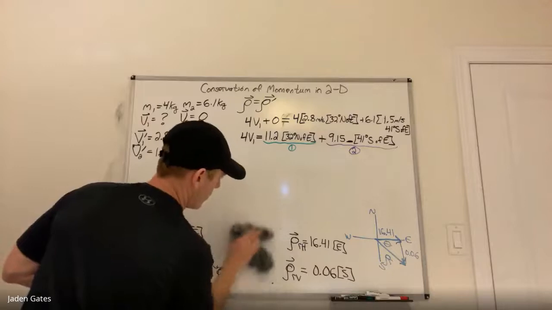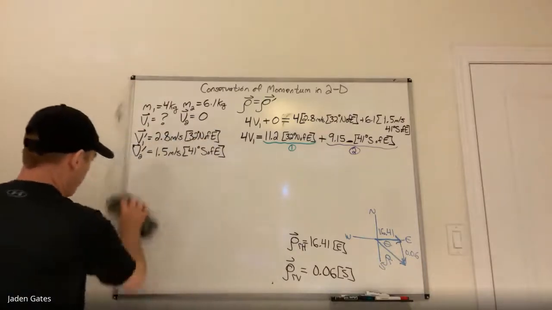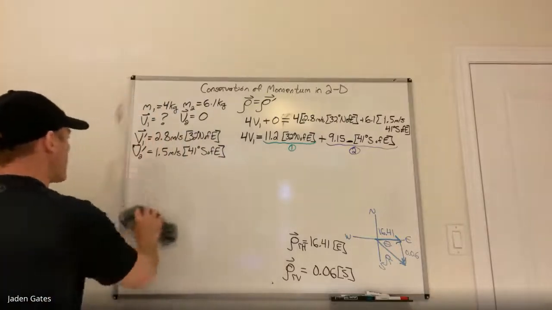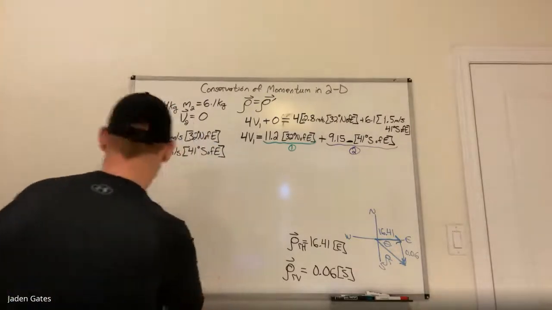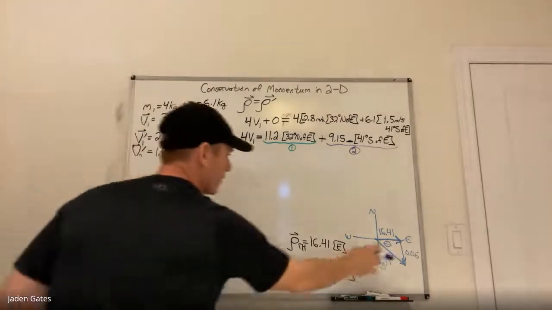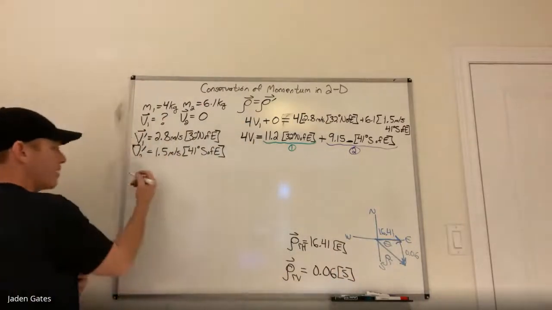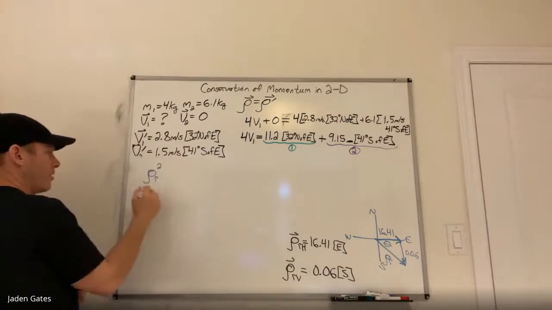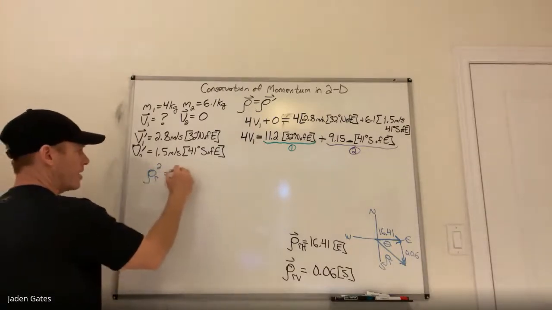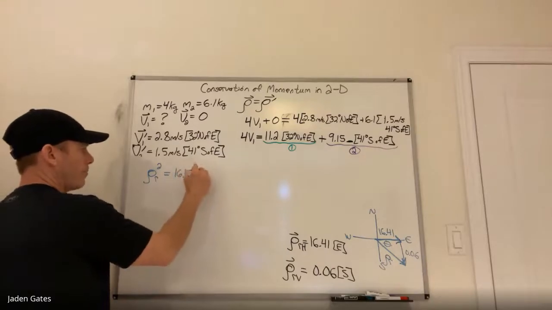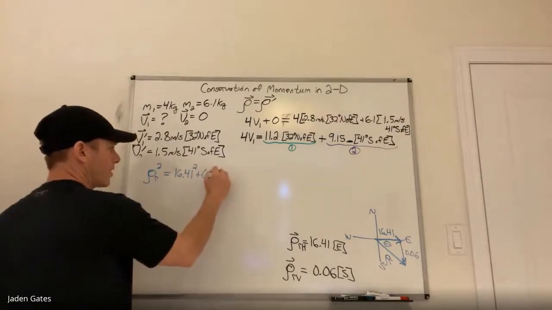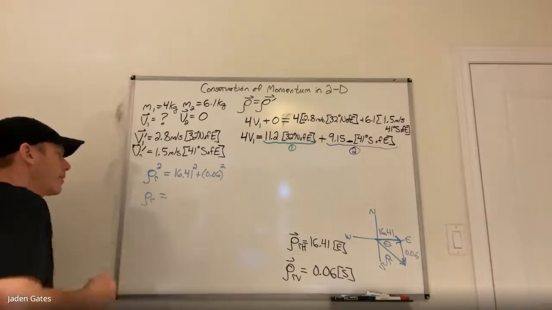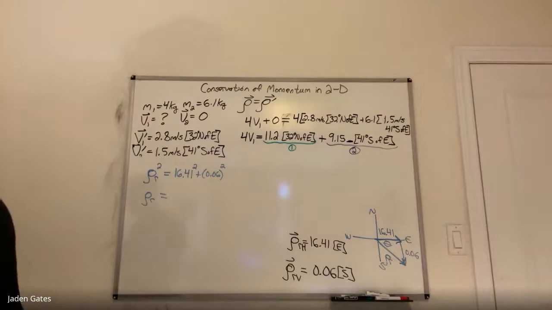All right, so as I did before, when we're combining, first I'm going to use the Pythagorean theorem to find my hypotenuse. So that means that my ρr squared is equal to, I take the 16.41, square it, plus this small 0.06, square it. We add those up, and then we take the square root.